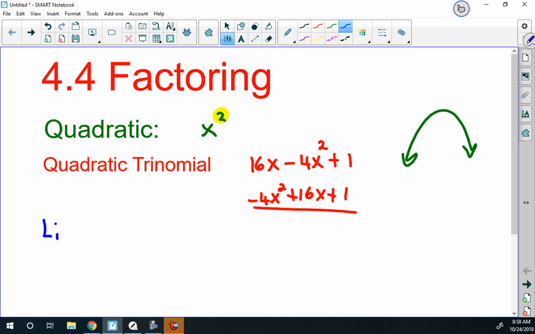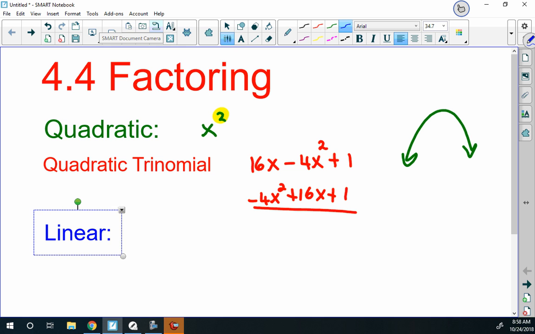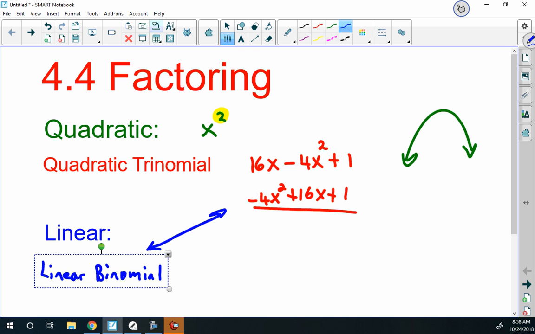So along the lines of quadratic is something called linear. And this is basically what we skipped over mostly in Chapter 2 because you did a lot of this in geometry. You did a ton of this in Algebra 1. So when you think about something that's linear, of course, it's going to be a line, right? And so when we talk about linear stuff, we're going to be talking about a linear binomial.